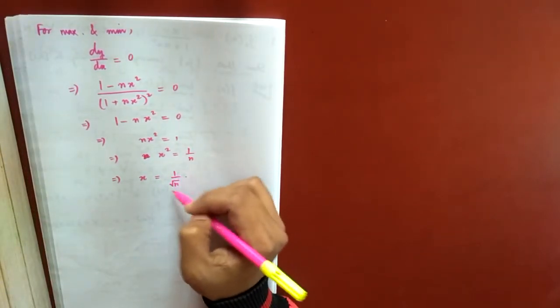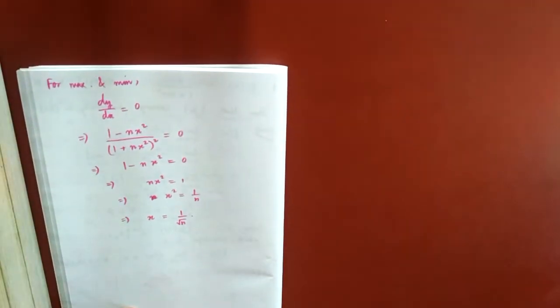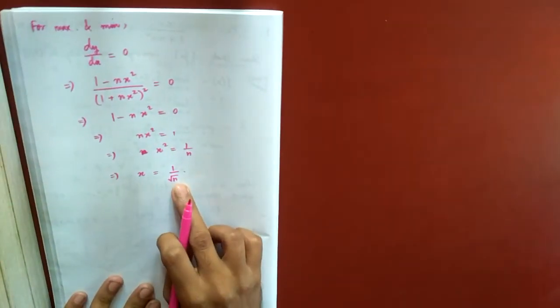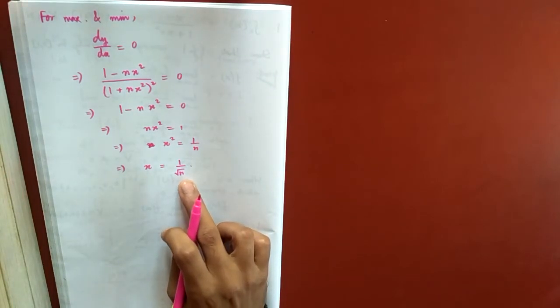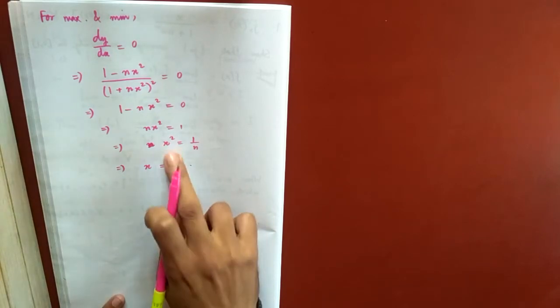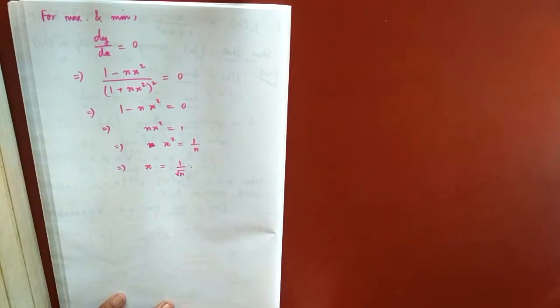So the maximum value, I don't know. I just know that either the maximum or minimum will be achieved at this value, when x is 1 by root n.